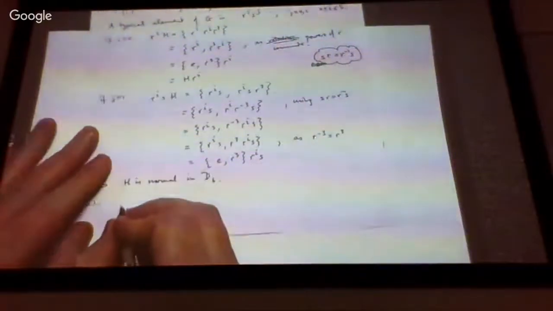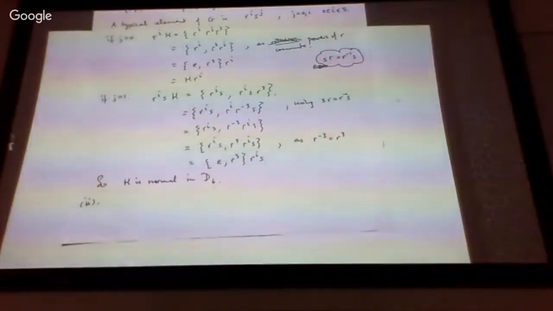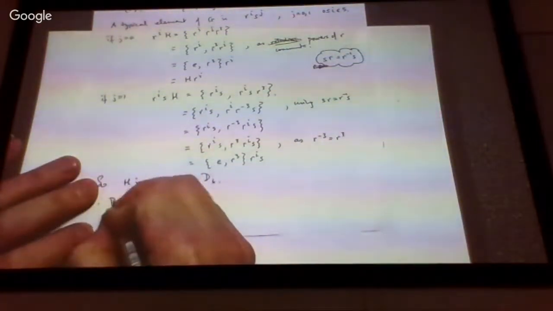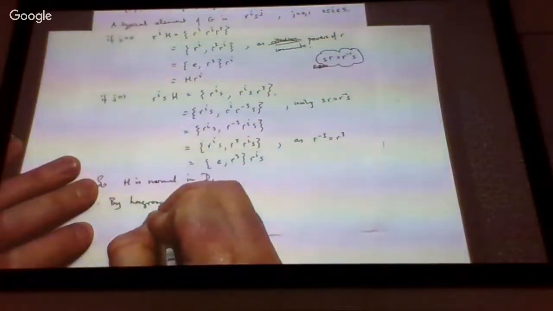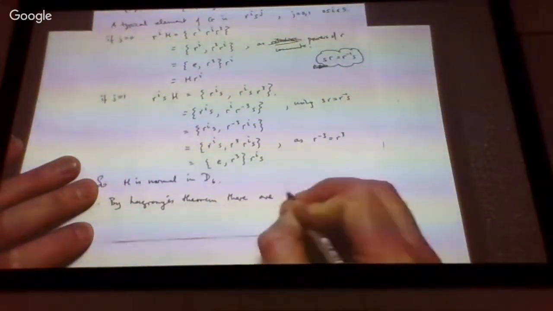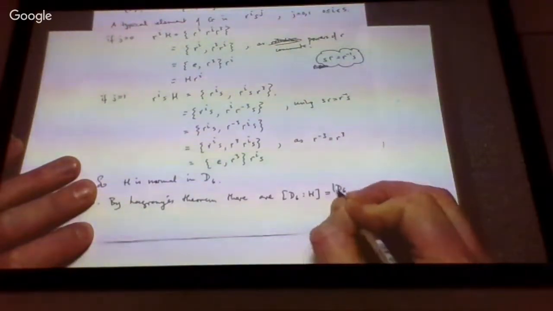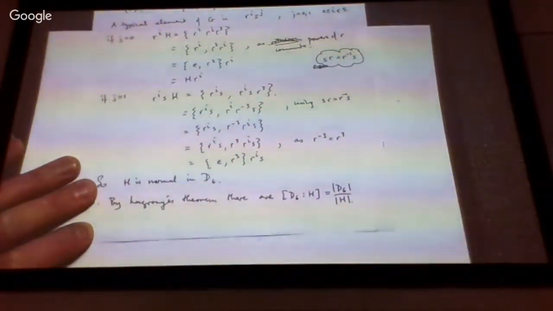So we say here, this is really by Lagrange's theorem, by the definition of factor groups. Remember, the factor group is built on the cosets. And Lagrange's theorem tells us that the number of cosets is the size of the containing group divided by the size of the subgroup, the index of the subgroup. So by Lagrange's theorem, the index of H in D6 is equal to the simple quotient of their orders.